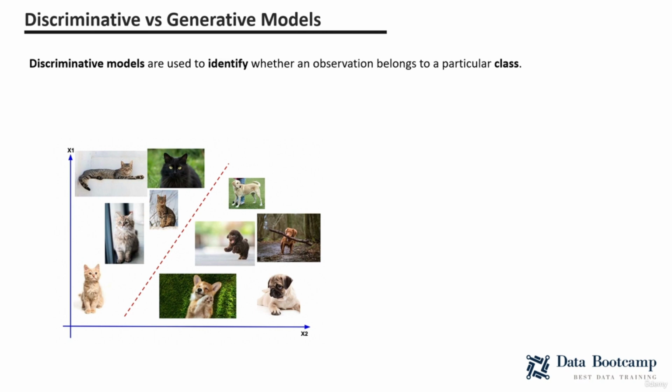The goal of these discriminative models is to identify whether a given observation belongs to Class 1, Class 2, Class 3, or any other class. One of the simplest examples would be identifying whether a particular image is a cat or a dog, as in this case. To achieve this, the discriminative model analyzes the distinguishing features of each group.